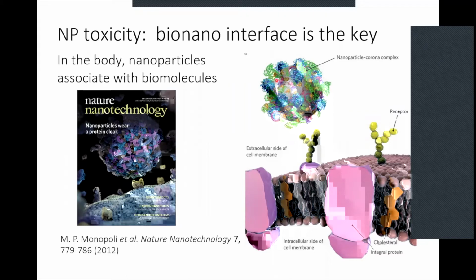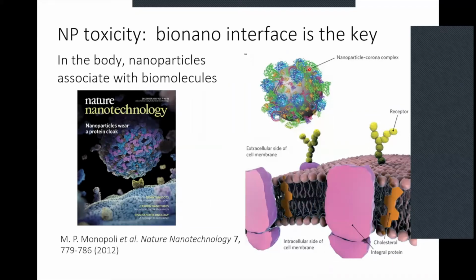And this shell, this coat, is called the nanoparticle corona, a protein corona or biomolecular corona. That corona actually modifies the way the particle will be taken into the cell, transported further, and aggregate with other particles or with other biomolecules.